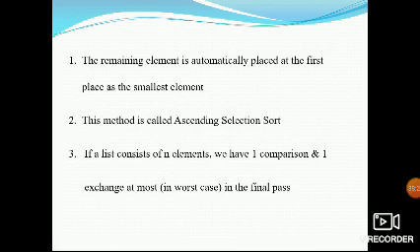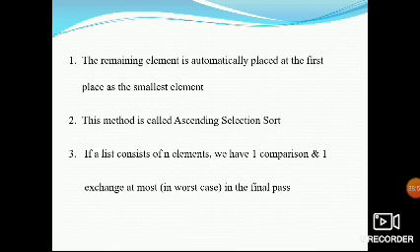After completion of the first pass, the first smallest element is located at the first place. After completion of the second pass, the second smallest element is located at the second place. So after completion of i passes, the i-th smallest element is located at the i-th place.